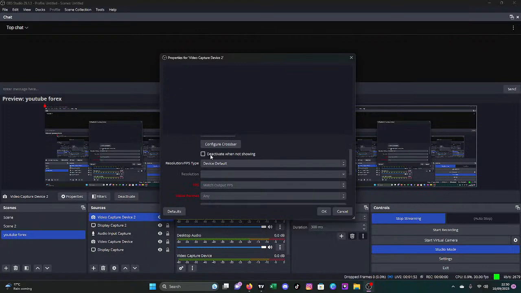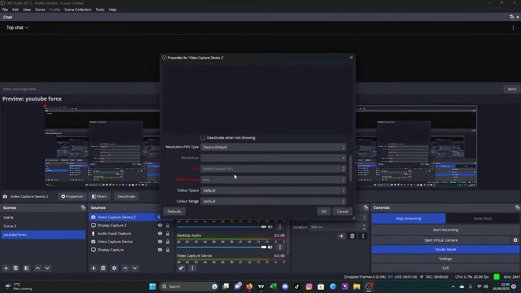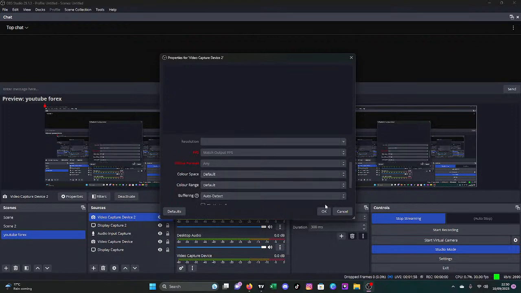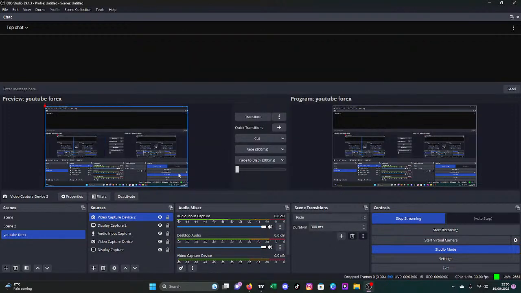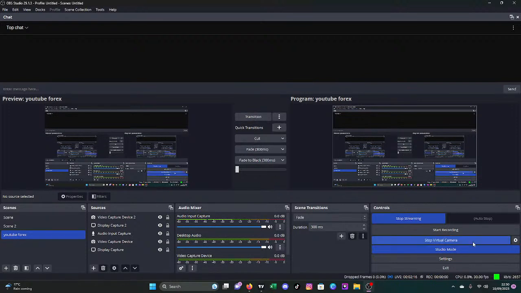Activate that. Right, let's see if that's working as well.